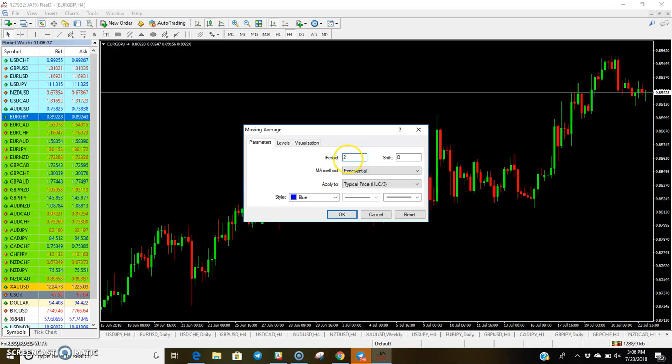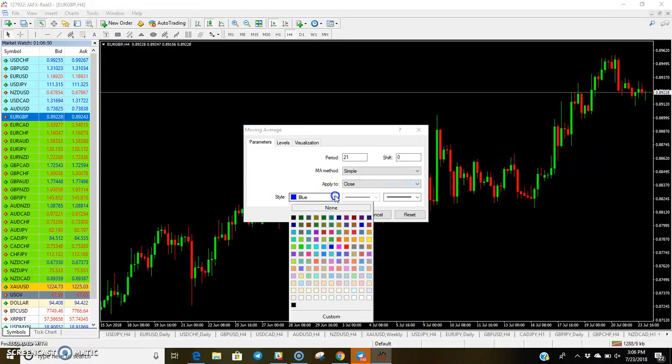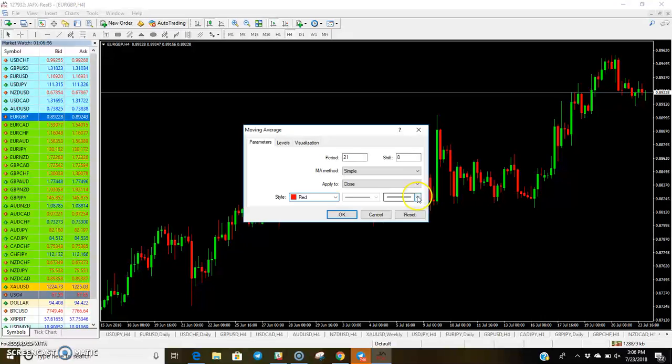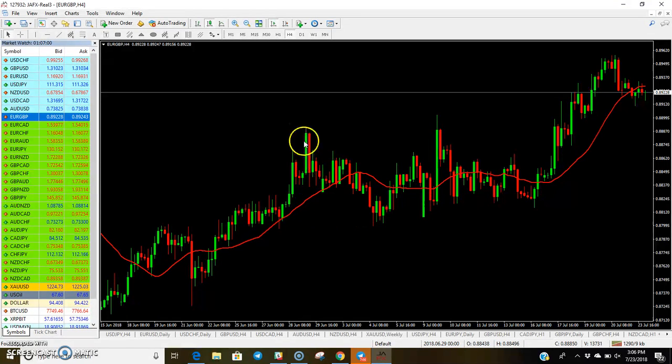Your period is going to be 21, shift is going to be 0. This is going to be a simple moving average, and you're going to apply the price to close. This one should be red, and depending on how thick you want your lines. And there's your moving average.